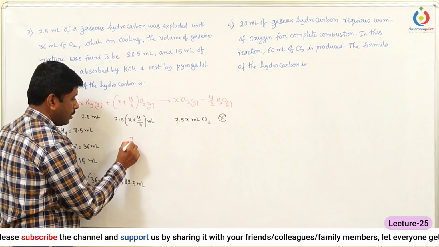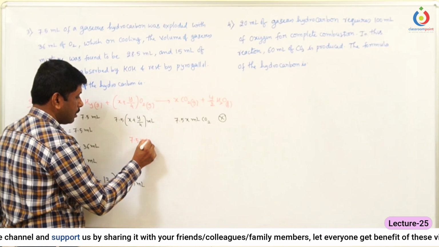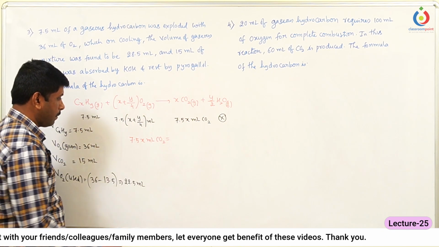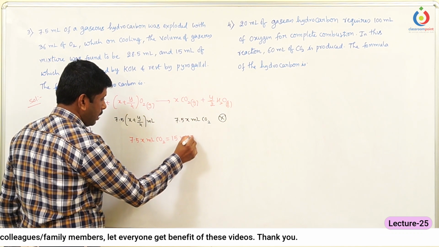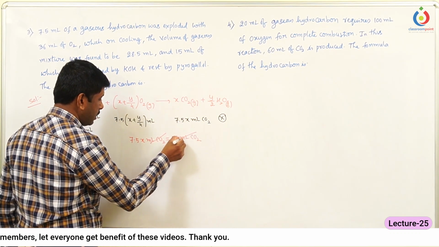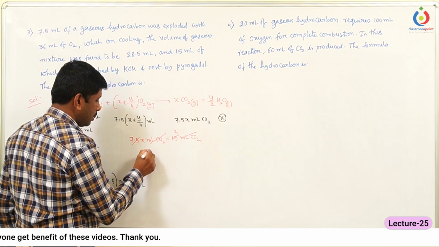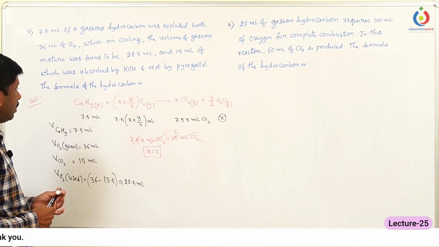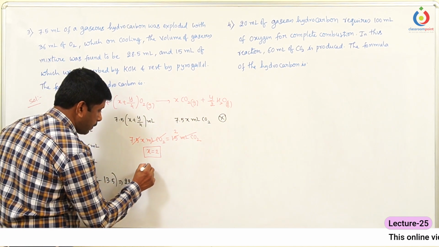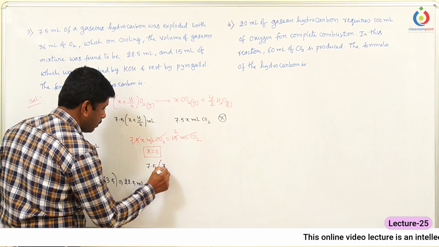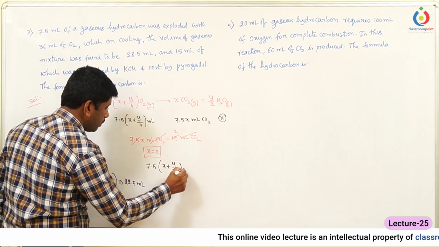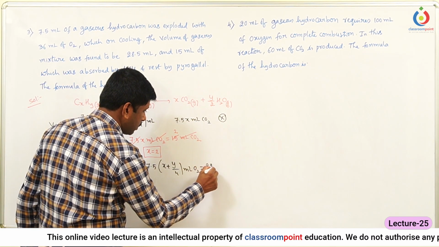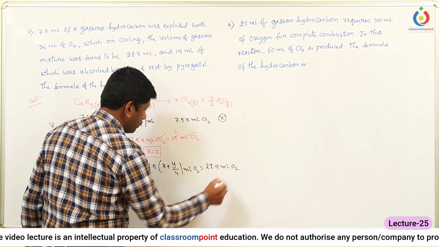Carbon dioxide: 7.5x ml of CO2 is equal to the 15 ml of CO2 produced. The ml of CO2 cancel. It goes 2 times, x equals 2. Now let us see the oxygen. 7.5 (x + y/4) ml of O2 equals 22.5 ml of O2.